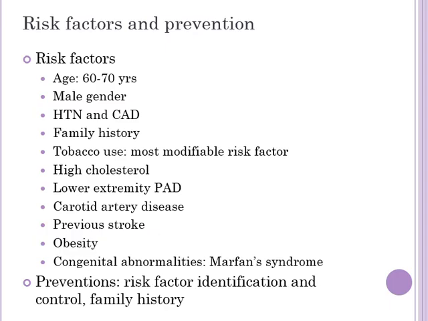High cholesterol. They could have lower extremity peripheral artery disease, PAD. They could have carotid artery disease, so they could have carotid stenosis. Those patients are at high risk for having strokes. Carotid stenosis usually leads to things like endarterectomies. They may have had a previous stroke. Obesity is a risk factor, and then congenital abnormalities like Marfan syndrome. So what Marfan syndrome is, it's people who are very tall, very thin, and have unusually long arms and legs.